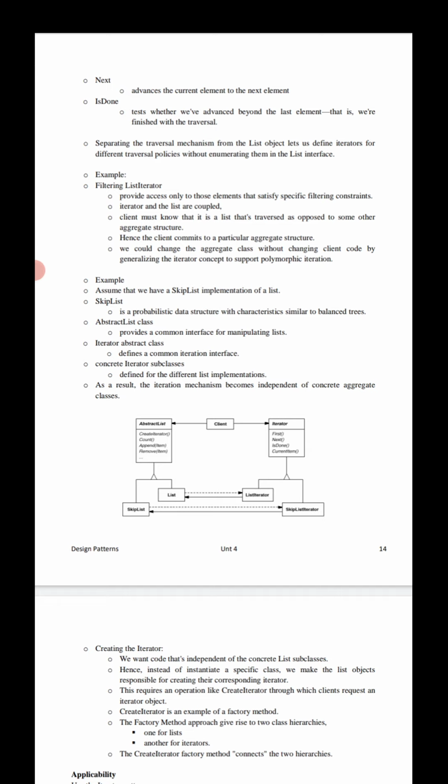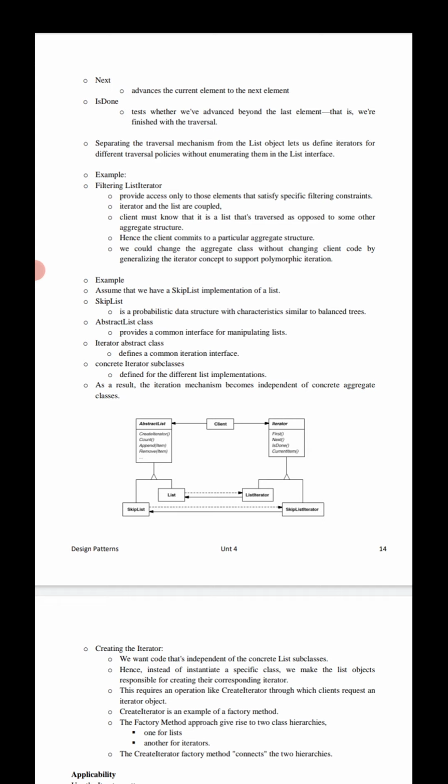Notice that the iterator and the list are coupled. The client must know that it is a list that should be traversed as opposed to some other aggregate structure, so the client commits to a particular aggregate structure. It would be much better if we could change just the aggregate class without changing the client code.